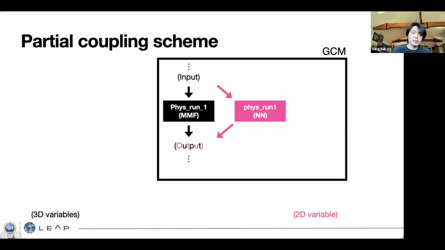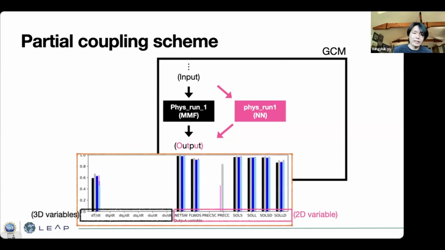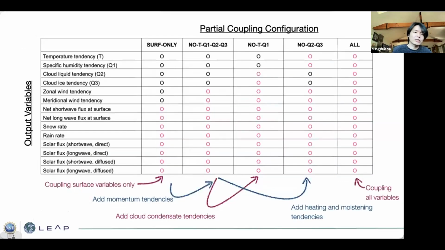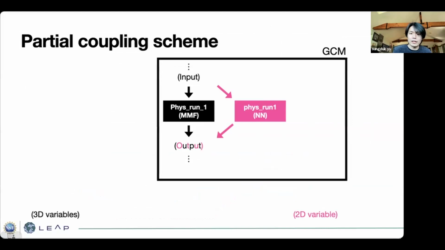I'm using this partial coupling to understand which variables are the weak point of the current hybrid model. That's why I'm using this partial coupling. And in this case, there's no computational time saving benefit. Actually, it did impose a little more because there's one more subroutine you need to run.